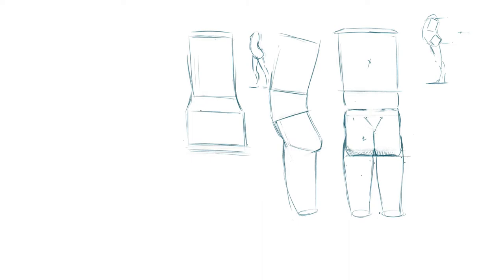So again, going to the top of the pelvis and stepping down a little bit for the triangle, that's the sacrum, and then the separation between the gluteus maximus muscles.